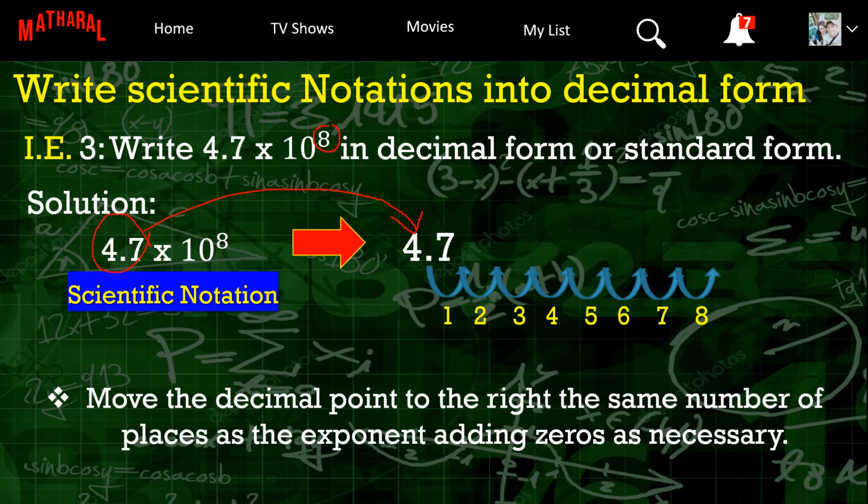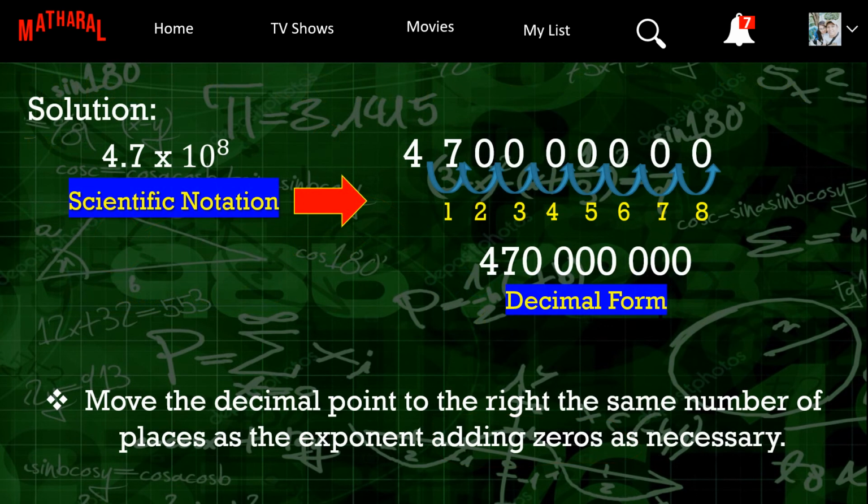Okay, so we have 8. And as mentioned, we're going to add zeros as necessary. So, I recopy the 4.7 times 10 raised to 8 power as what we had here. You noticed that there are 8 decimal place movements.